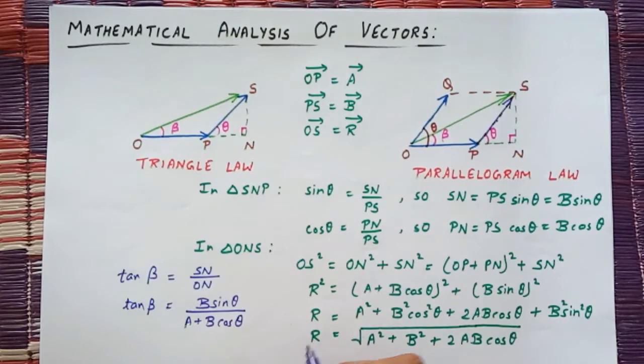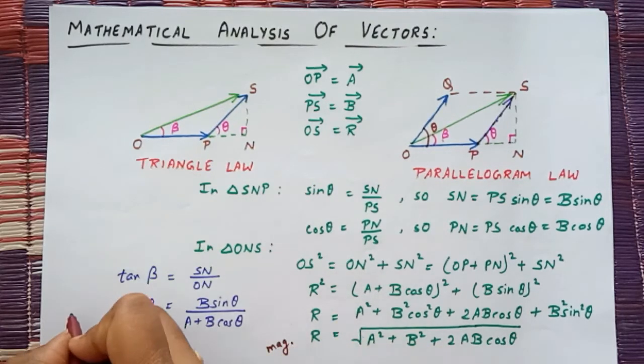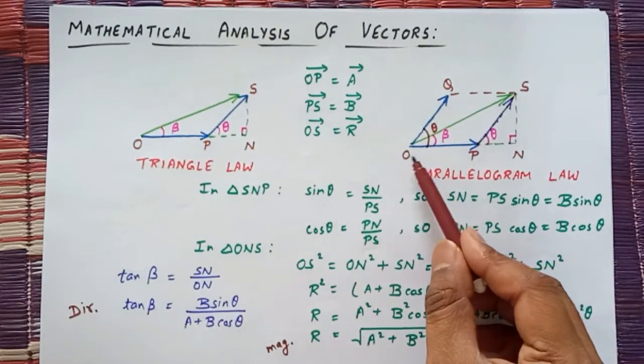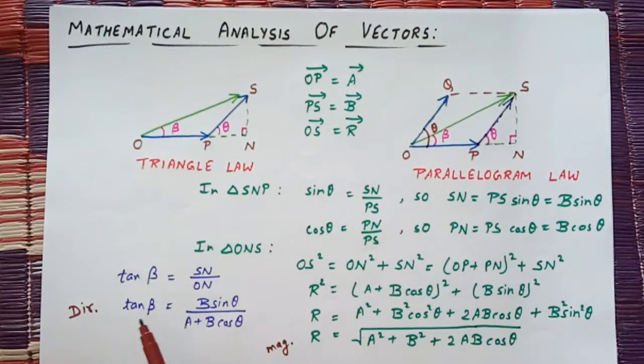So this is the magnitude of resultant, and this one is the direction of resultant with respect to the first vector, that one is A vector. So tan beta will be equal to this much and resultant vector will be equal to this.